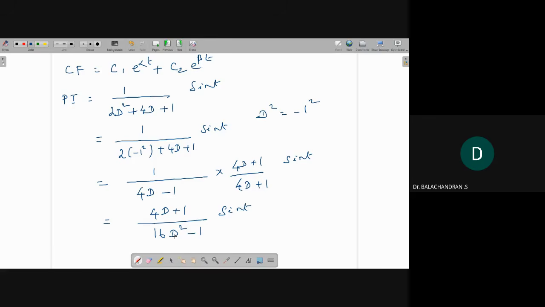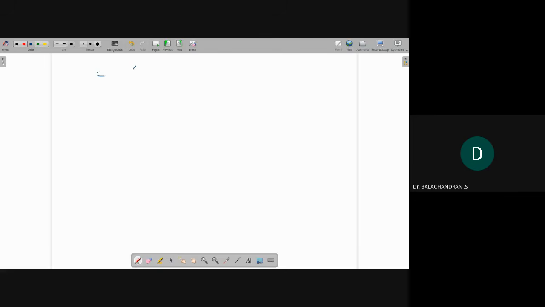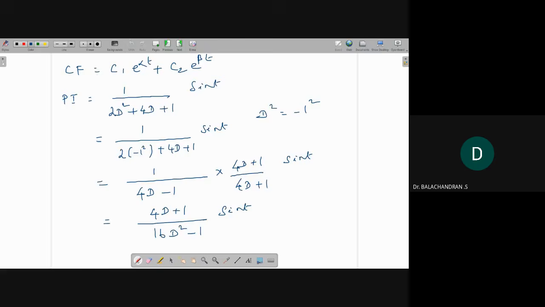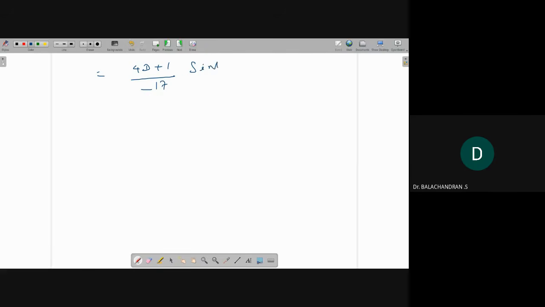So again replace D square by minus 1, so minus 16 minus 1, 4D plus 1 divided by minus 17, the right hand side is sin t, which is equal to minus 1 by 17 into, if you differentiate sin t, you get 4 cos t plus sin t. This is your PI.